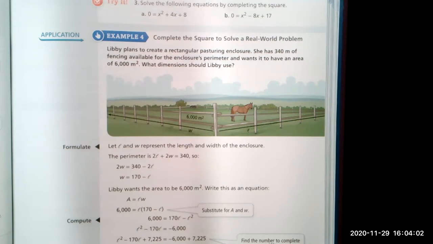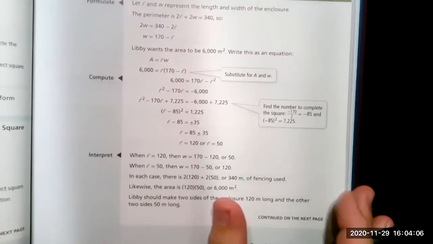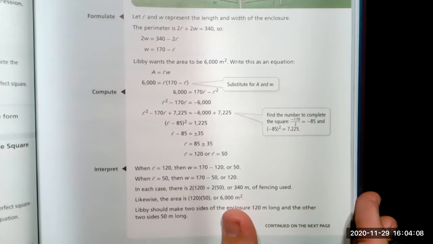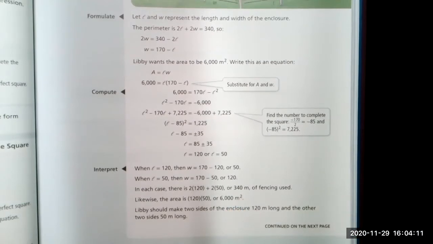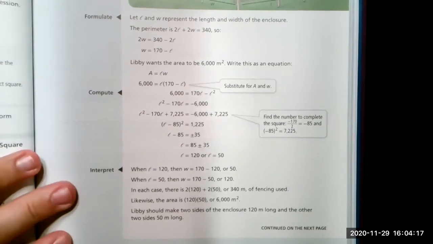What dimensions should Libby use? So what they're showing you is dealing with the given information and coming up with an ideal situation that's going to satisfy both of those: the amount of fencing she has to use and the area she wants on the inside of it.